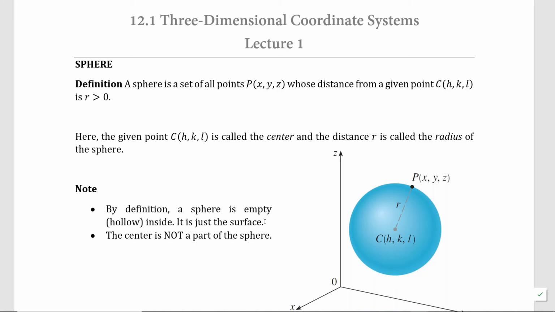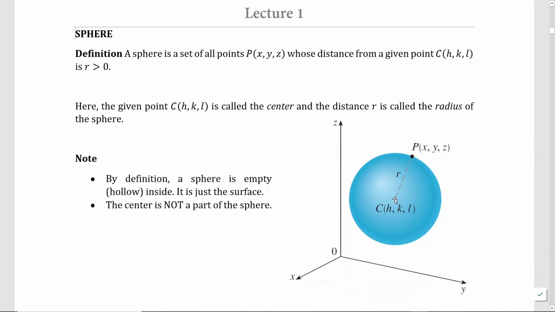Here the given point C is called the center and the distance r is called the radius of the sphere. We note that by definition the sphere is empty. We are just talking about the points on the surface. So a sphere is just a surface and the center is not part of the sphere.